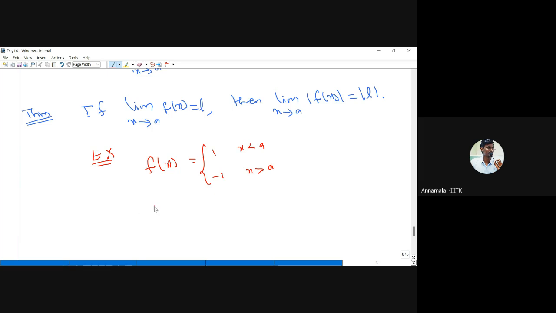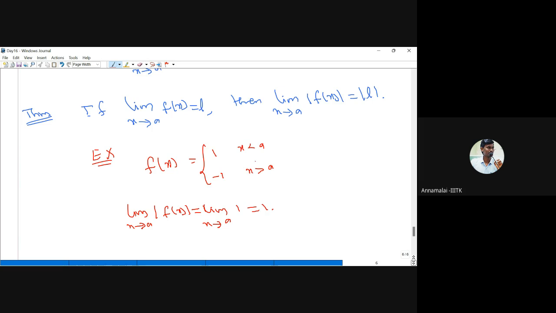The modulus of f of x is nothing but just 1. So if we take limit x goes to a, modulus of f of x is just 1. Since this 1 is independent of x, we get just 1. Therefore, the limit exists and its value is 1.